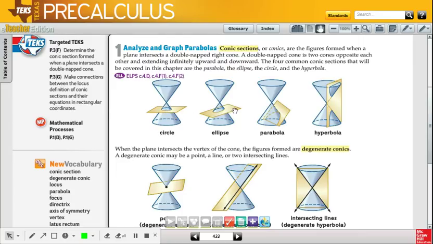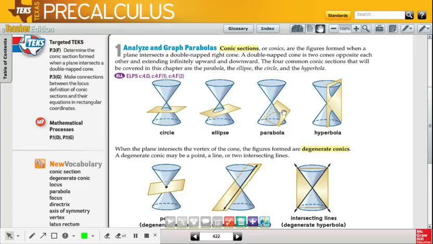Now, if you look at the plane, the light brown plane, you see how it's slanted? So when it's intersecting the cone at a slanted angle, it will form an ellipse.